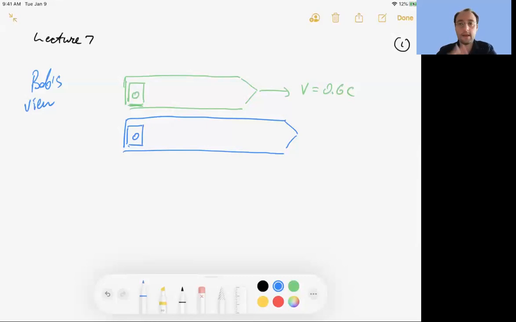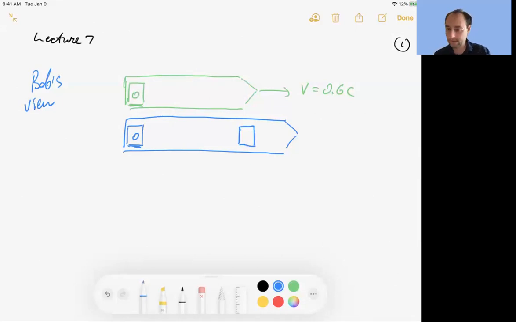Okay. Now here's the setup. At the instant shown, when the backs align, Bob is looking out a window that happens to be aligned with the very front of her ship. So she's moving at just the right speed that the front of her ship is aligned with this window, somewhere in the middle of Bob's ship.